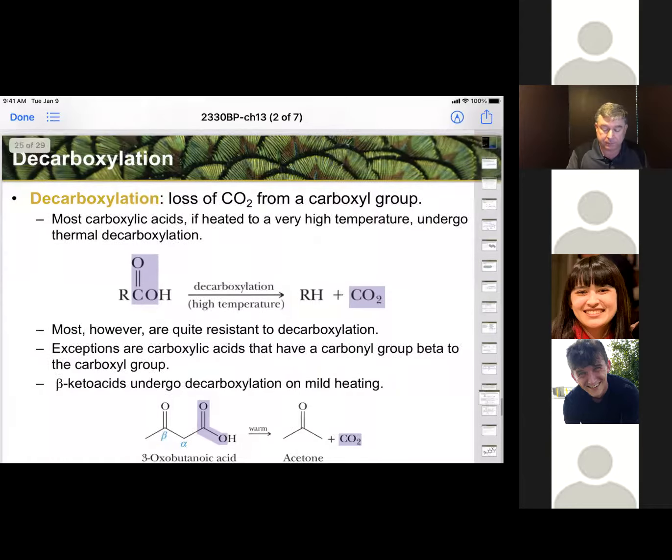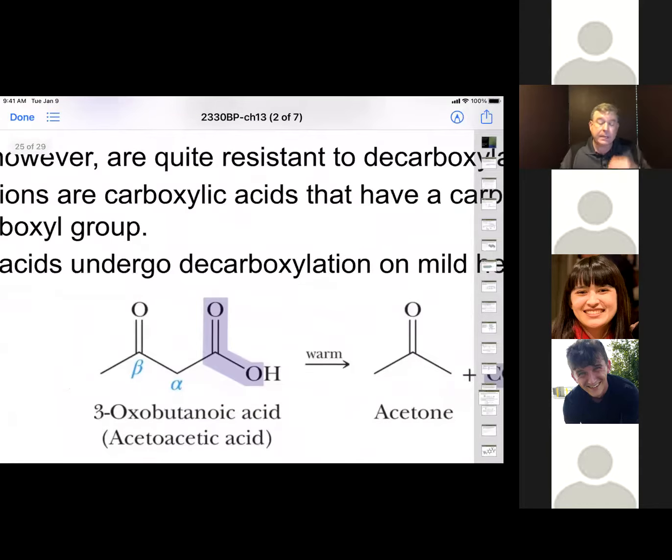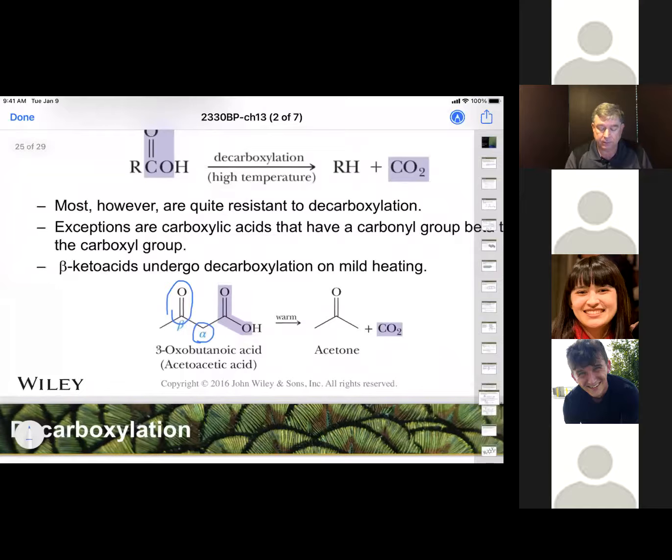So what does that look like? Okay, the whole key here is that we have a carbonyl compound that is one spacer over from the carboxylic acid. Okay. Now, how do you remember this? Well, the way to remember this is that it's going to be forming a 6-membered ring in its transition state.